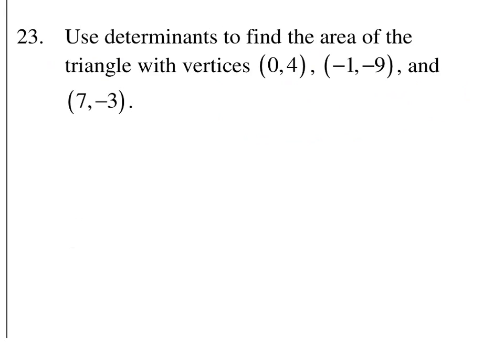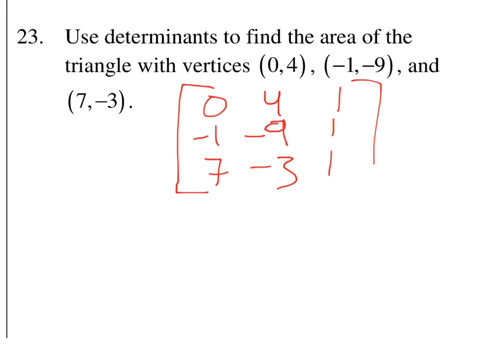Ta-da! And then 23, use determinants to find the area of the triangle given the vertices. You're going to take these vertices and put them into a matrix where each ordered pair is a row, and then you have one column of ones on the right side.